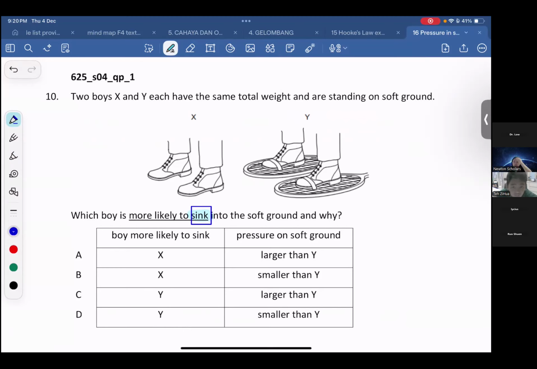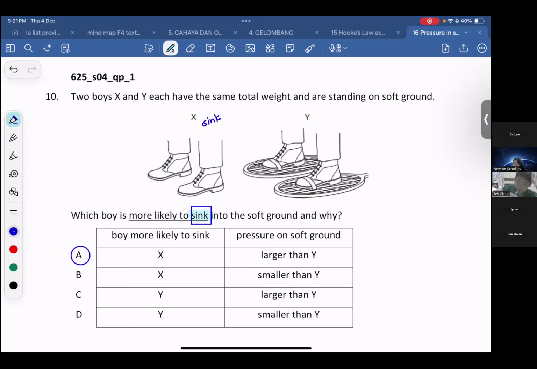Answer, Krista: A, B, C, D. Angeline, correct. Emily, correct. Krista, correct. Okay, the answer is A. So this one will sink.